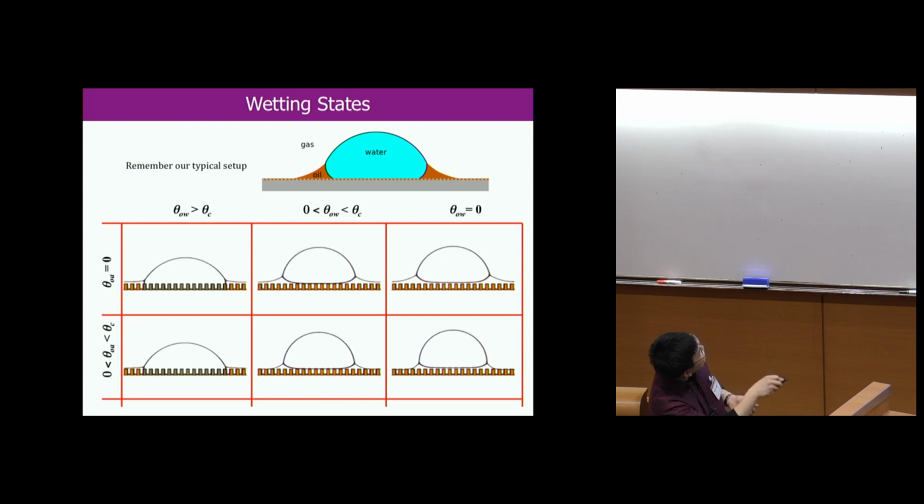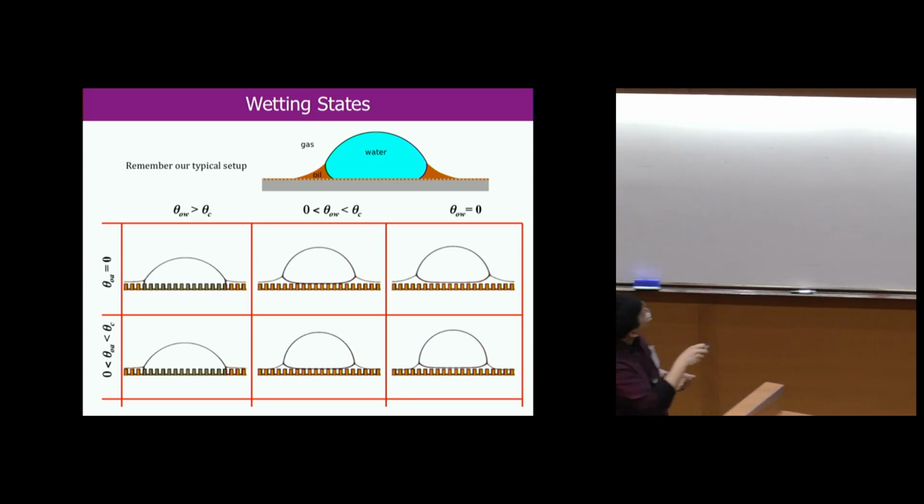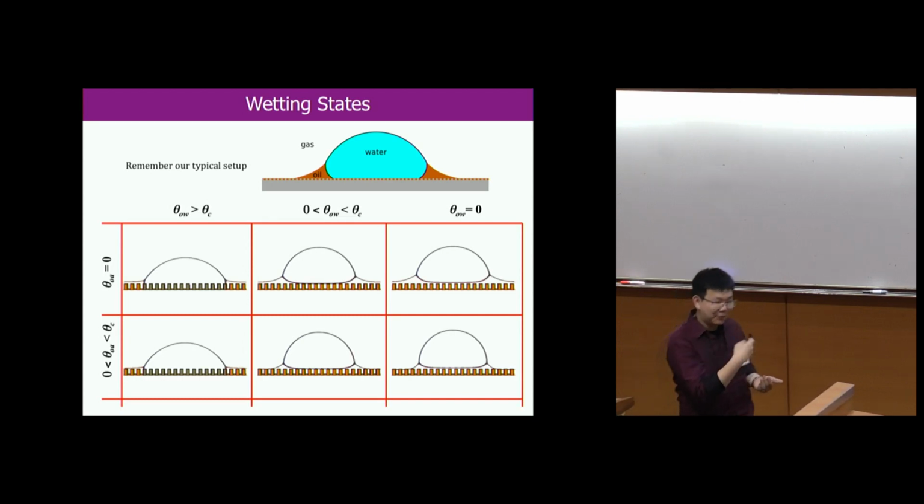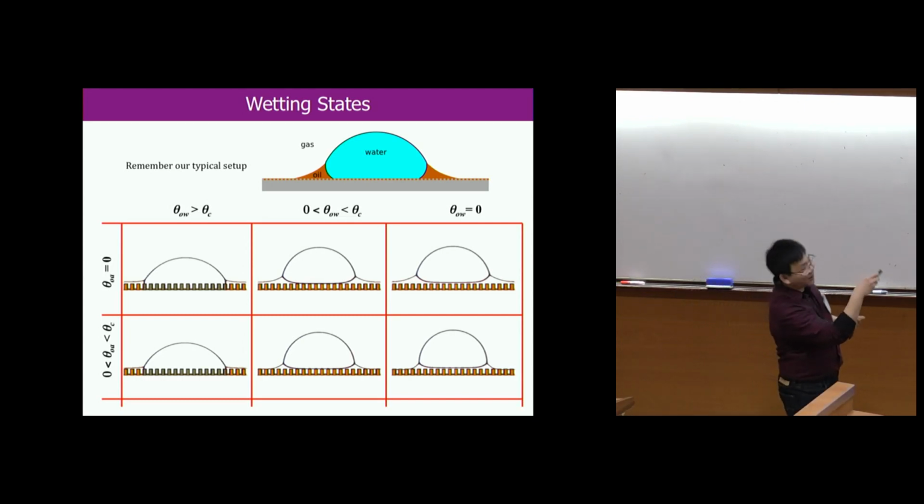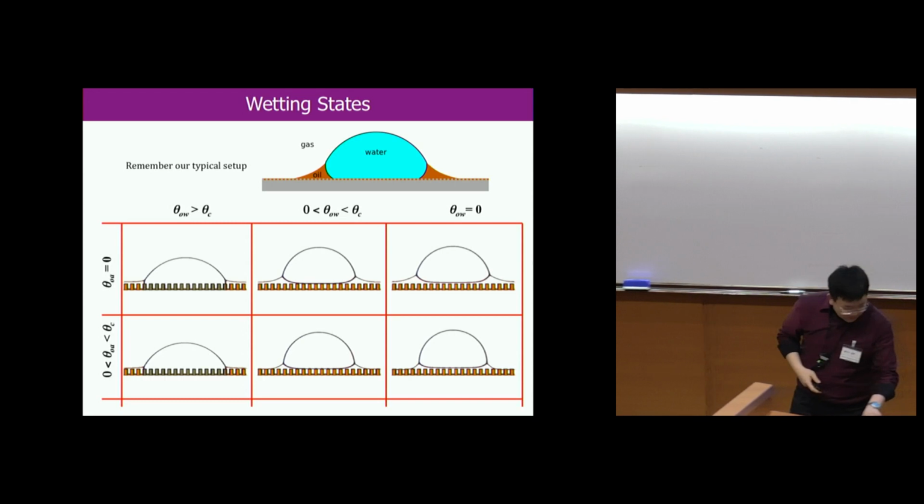Typically the droplet will be suspended, but either there is a thin layer of oil between the droplet or the gas and the surface, or they're actually in contact. Okay, so this is ideal because then you have no hysteresis. But in this talk, I'm going to tell you about this case because actually it's a bit richer. So I want to tell you the story about this guy here.